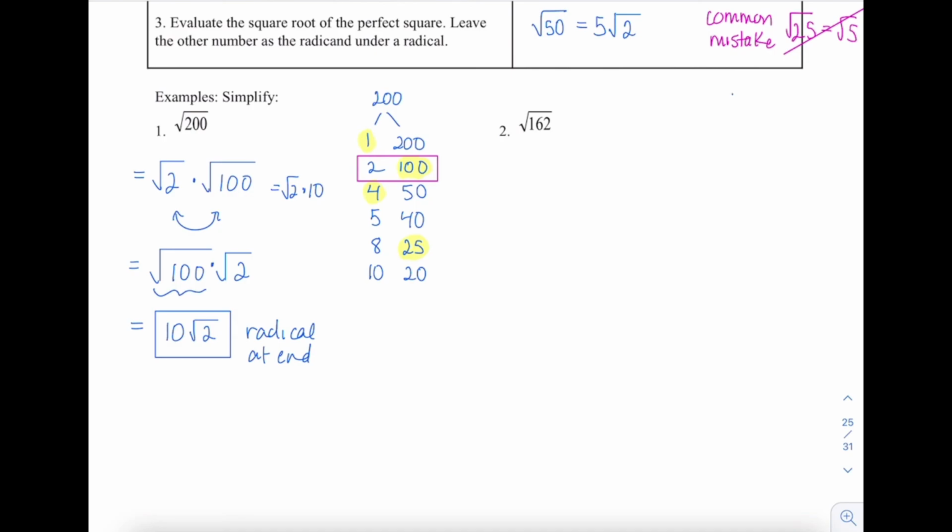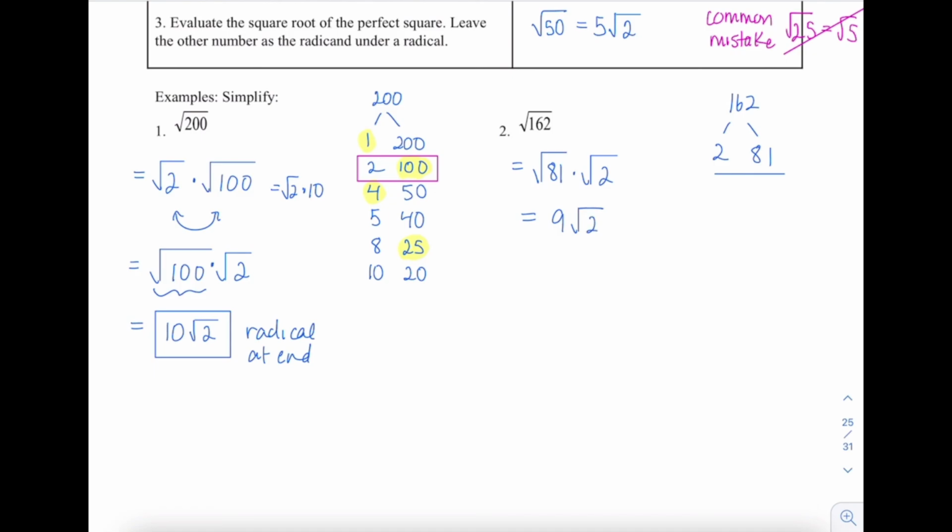All right, let's do this again for 162. 162 divided by 2 is 81, and I'll just stop us there. That is going to be the largest perfect square that we get here. So I'm going to rewrite this as root 81 times root 2, and I know that root 81 is 9, and I have reduced the radical.